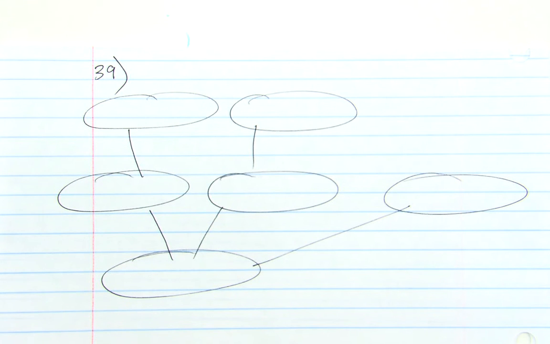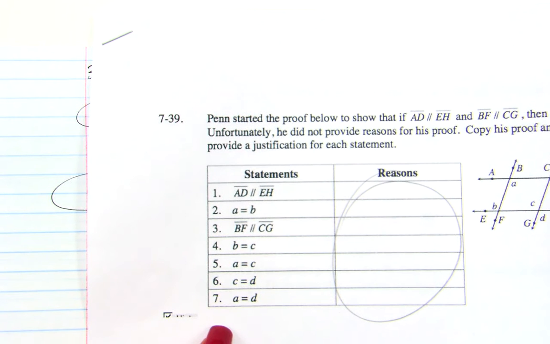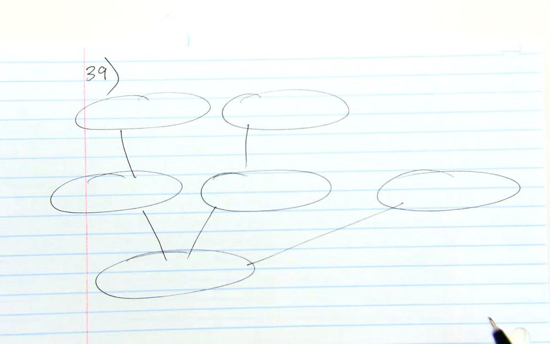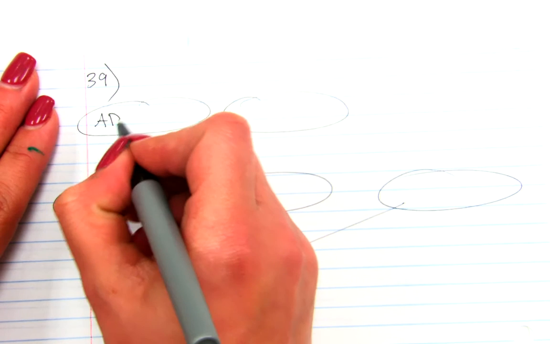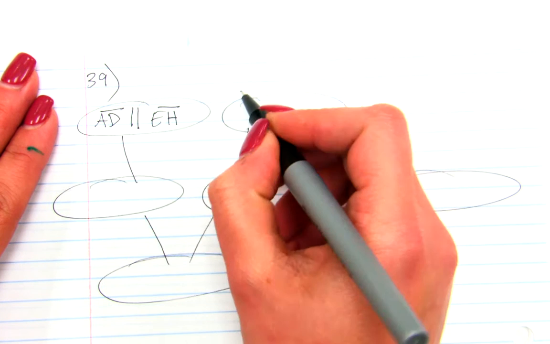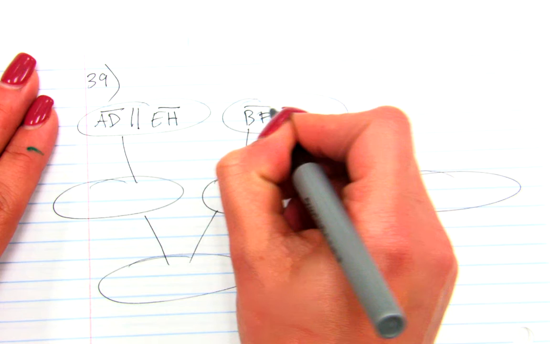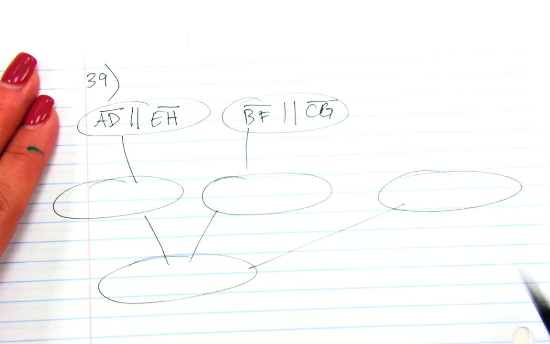Okay, so I'm going to fill in the statements on the two columns, taking all of these 1 through 7 and putting them in really quickly. So your two givens are that AD is parallel to EH, and the other given was that BF was parallel to CG.